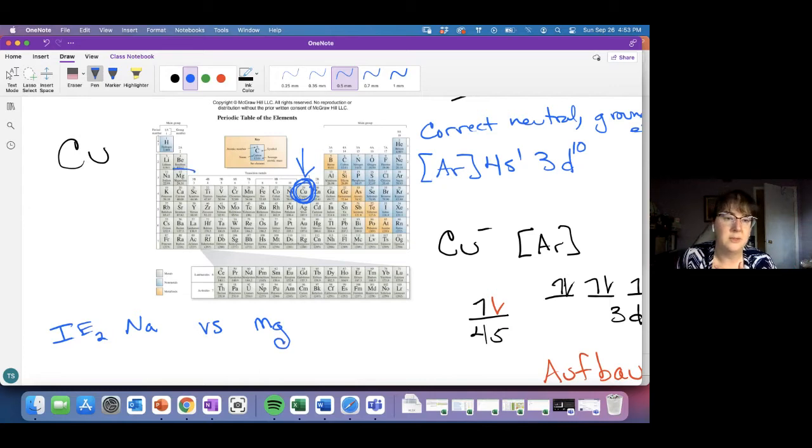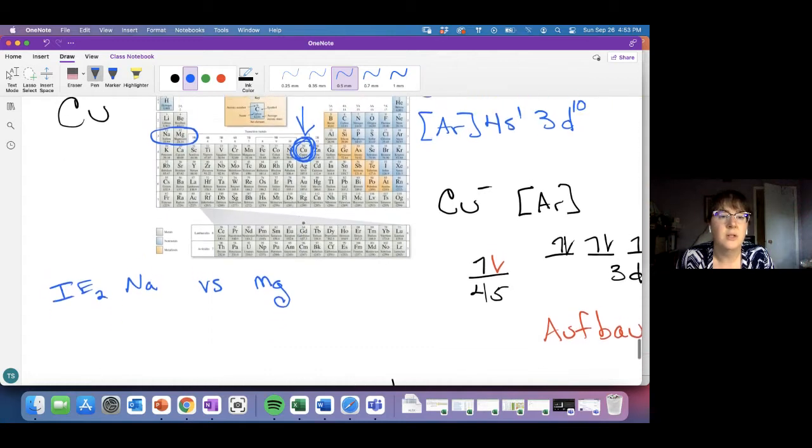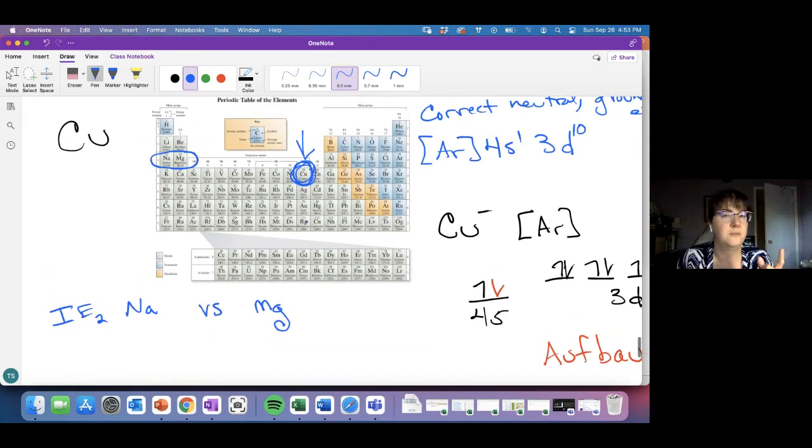So when I look, here they are. Here's sodium and magnesium. If I'm going to remove not just the first, so technically this is removing one from sodium plus versus magnesium plus, because we're removing the second electron. When you're removing the second electron from sodium, that's going away from a noble gas core.